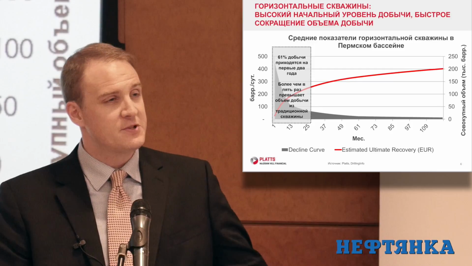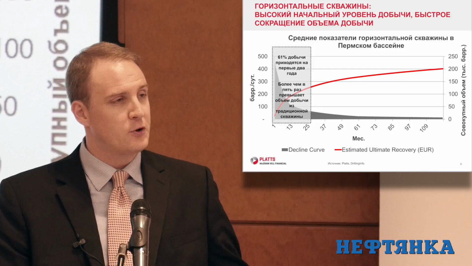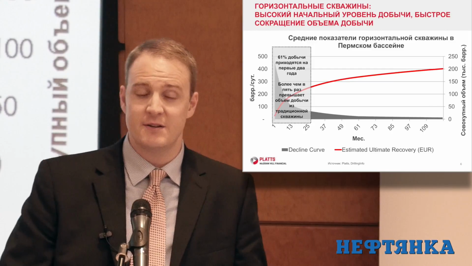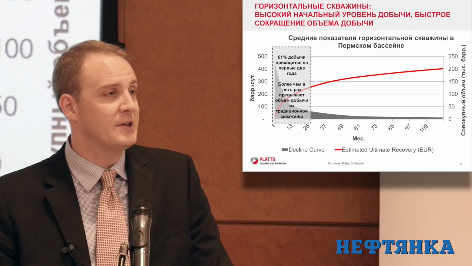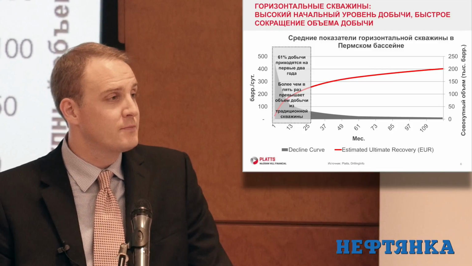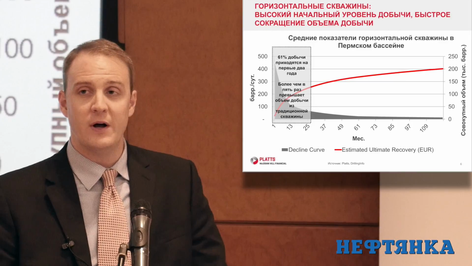Now, relative to that 40% of the life of the well's production in vertical wells coming in the first 2 years, we see here about 60% of the life of the well's production coming in those first 2 years, and nearly 5 times as much volume coming from these shale wells.